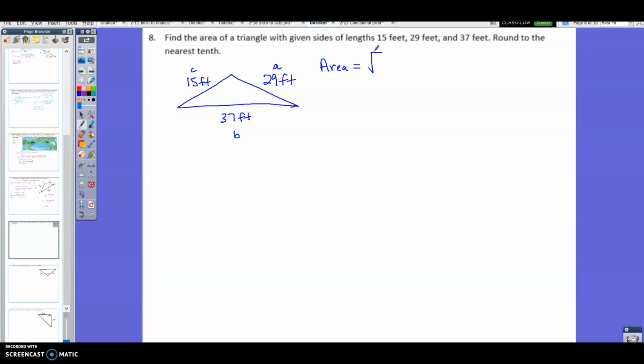So if we start with the formula, we've got to remember S is equal to A plus B plus C divided by 2, because it's a semi-perimeter. So the first thing we need to do is find S. So we're going to add all of our sides together and divide by 2.